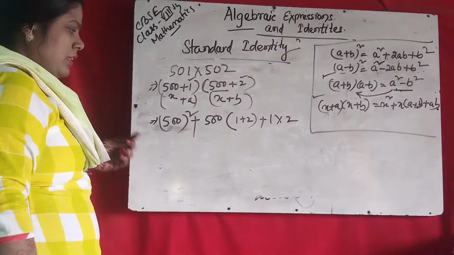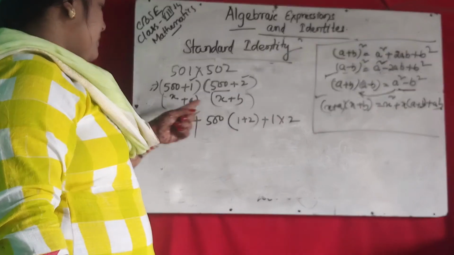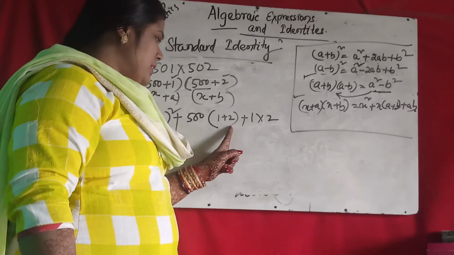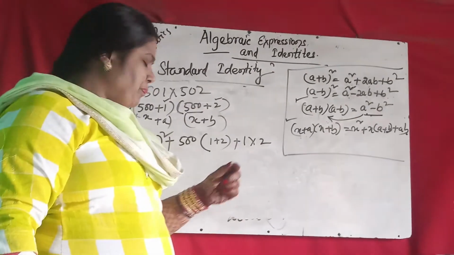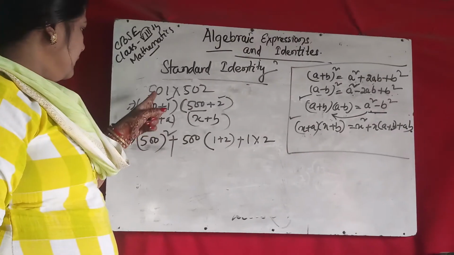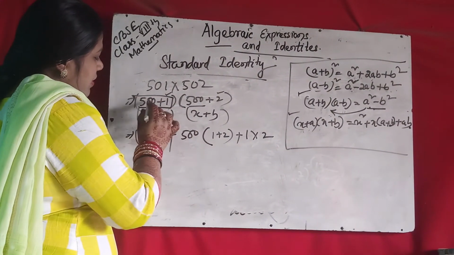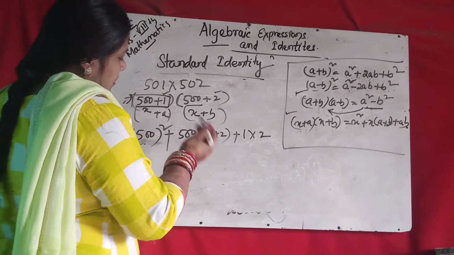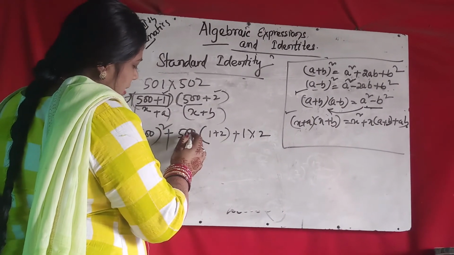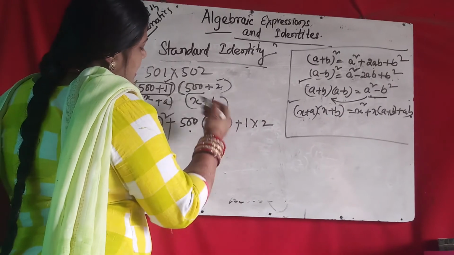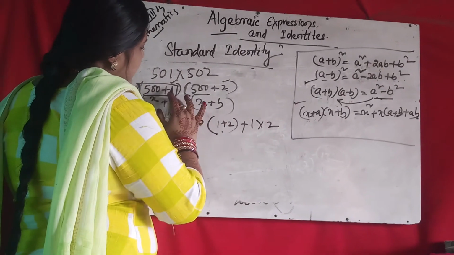I applied the formula: (x + a)(x + b) means x square plus x into (a + b) plus ab. So x is 500, 500 square plus 500 into (1 + 2), then ab, that is 1 into 2.